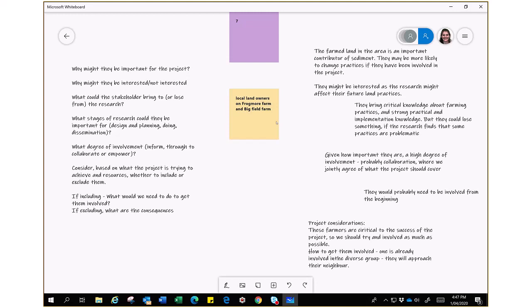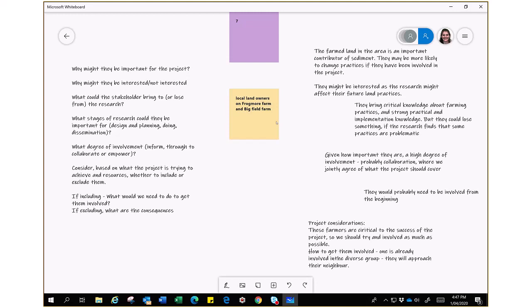So given how important they are, probably a high degree of involvement would be justified, probably at the level of collaboration, where you jointly agree on what the project should cover, and they probably need to be involved right from the beginning. So project considerations: farmers are pretty critical to the success of the project, so we should try and involve them as much as possible, and from as early on as possible.